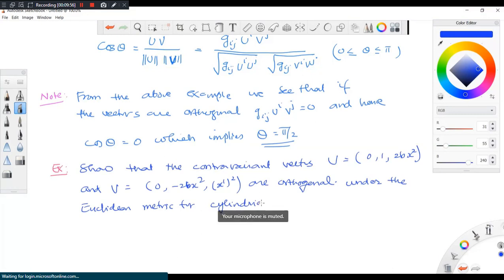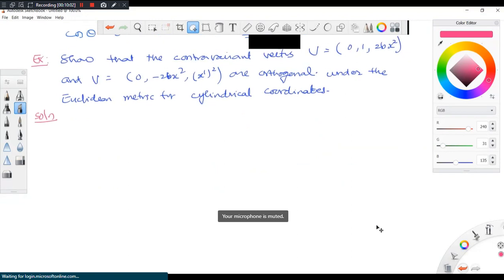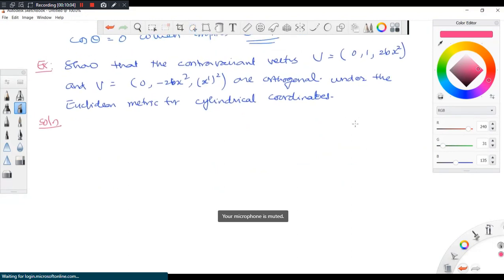Yesterday I had given you an example to do as homework. You get the metric of the cylindrical coordinates. Have you completed that or not? What's the metric? Yes.